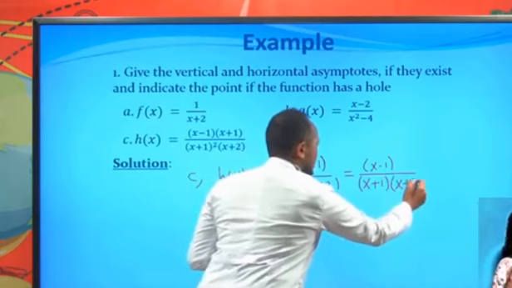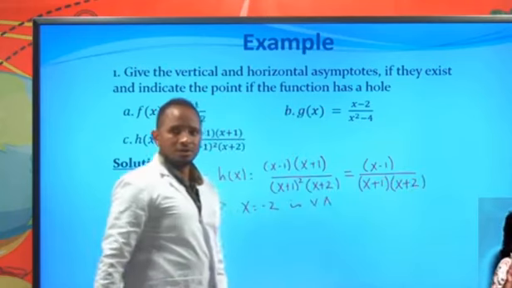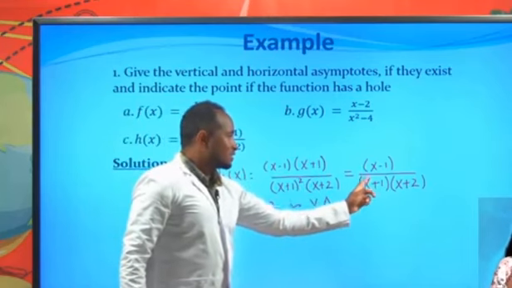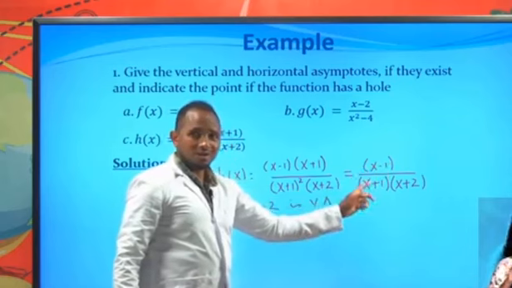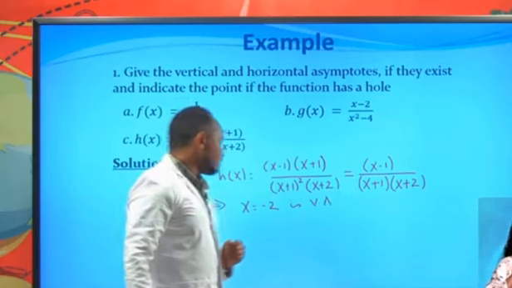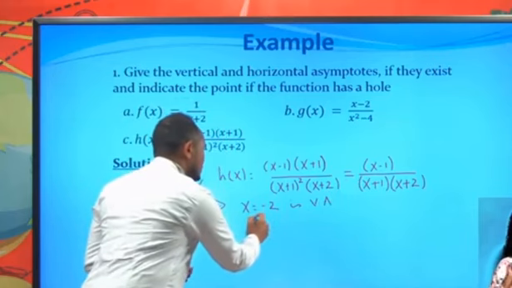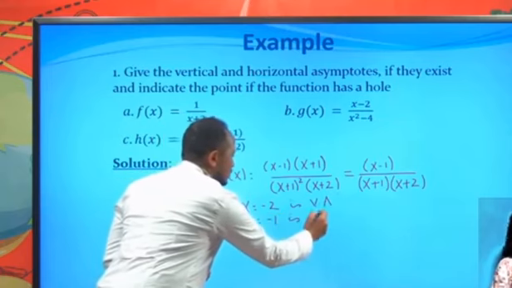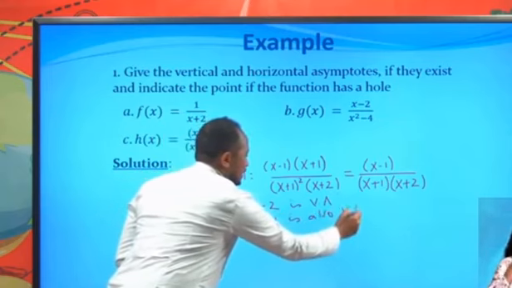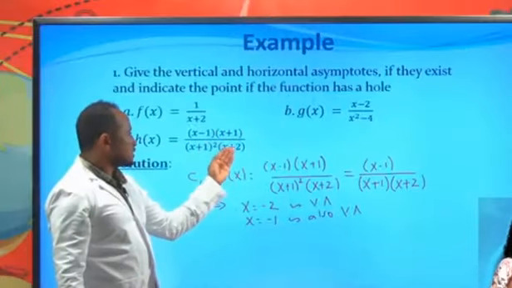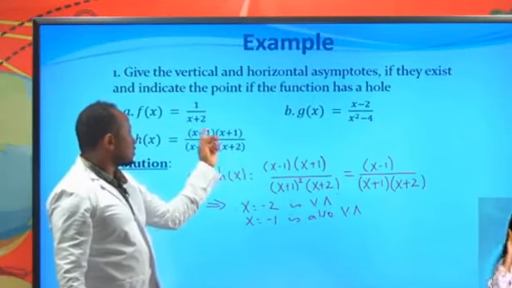Now, steps to sketch the graph of a rational function. To sketch the graph of a rational function, reduce the rational function to the lowest terms and check for any open holes in the graph. And then find the x and y intercepts, if they exist. It may or may not have them. So find the x and y intercepts and find all its asymptotes, if any.